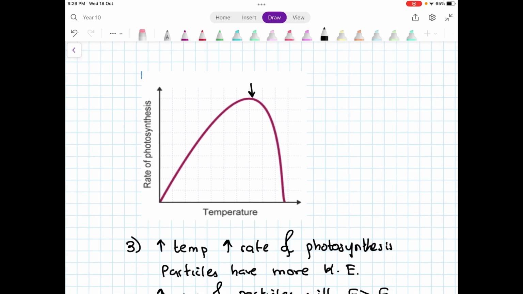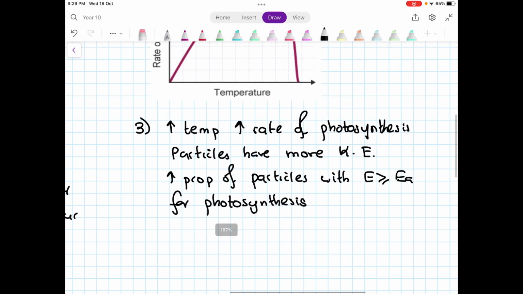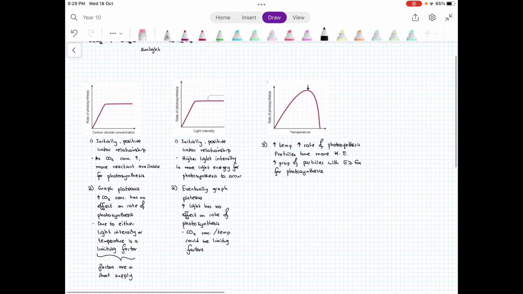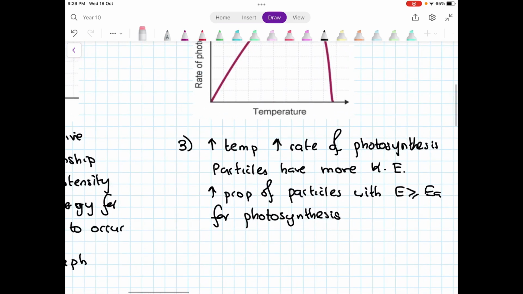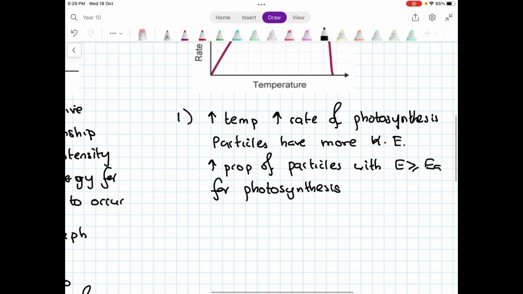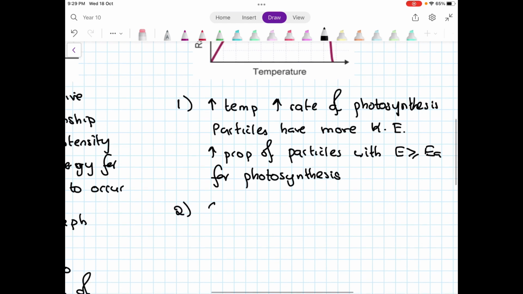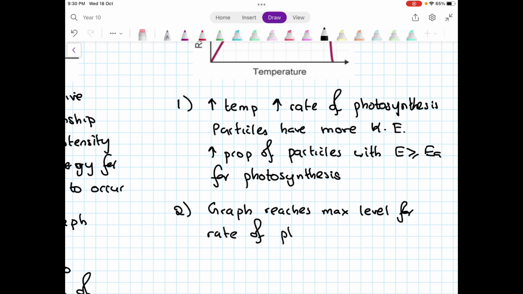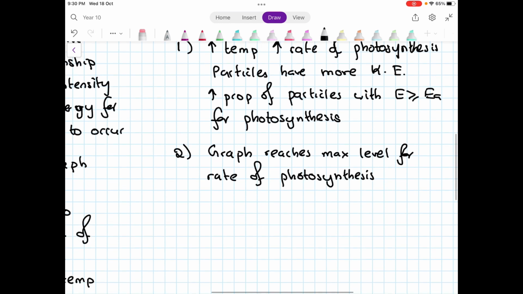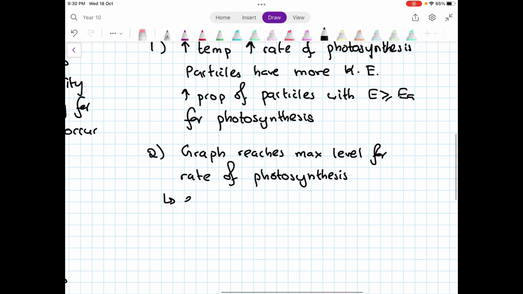So this means that photosynthesis is at its maximum rate here. Sorry, I think I mislabeled this. And this occurs when enzymes are at optimum temperature.